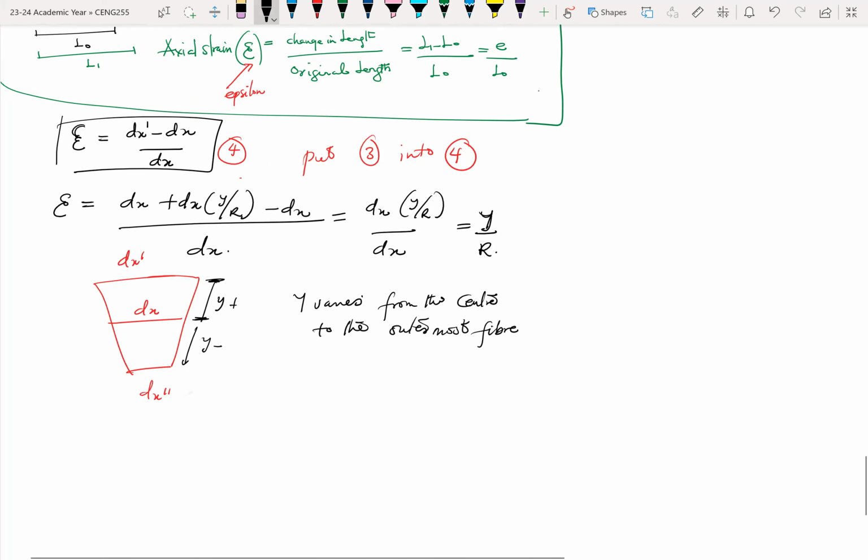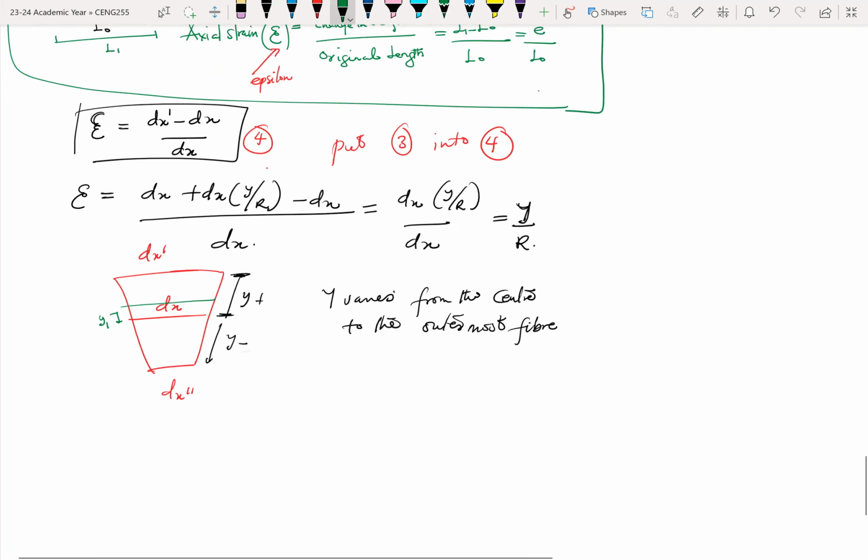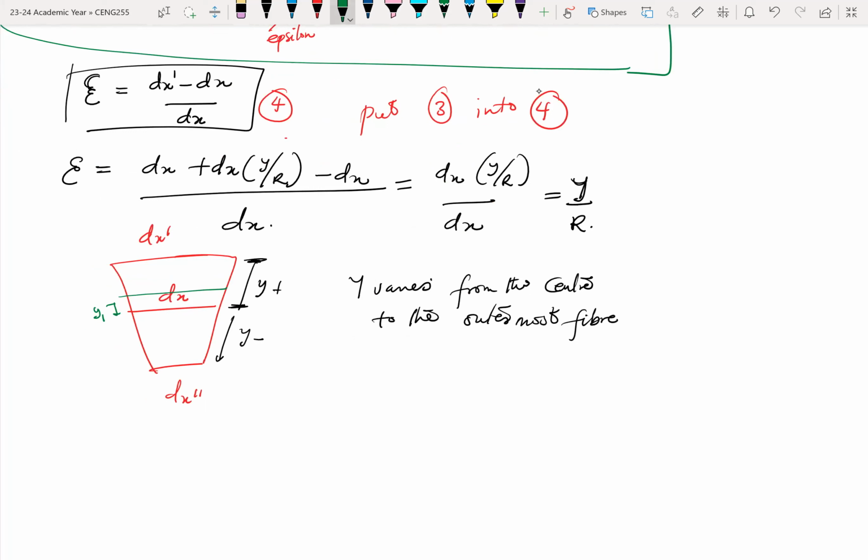So if y is somewhere here, if here is y1, then the strain at this point, epsilon 1, is simply y1 over r. The r is just a radius, so that will not change. If I want to find the strain at another location, let's say y2, then the strain at that point will be y2 over r.